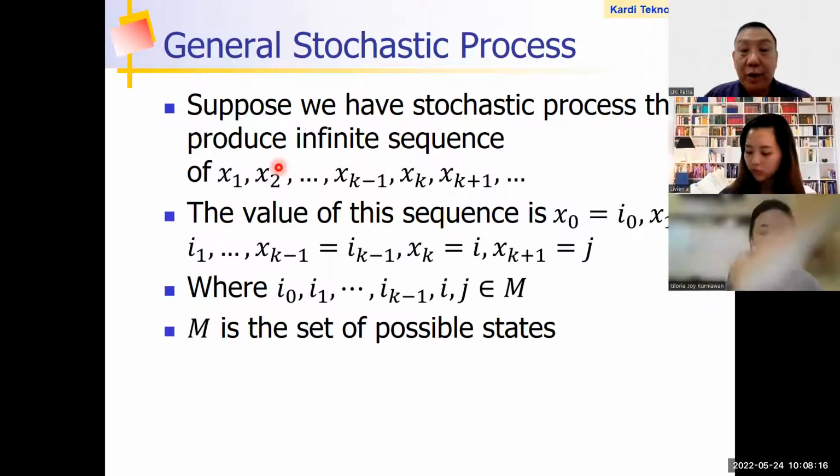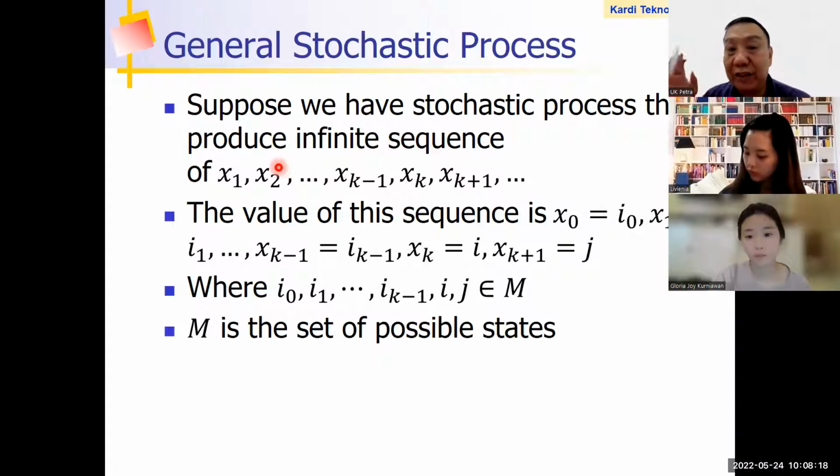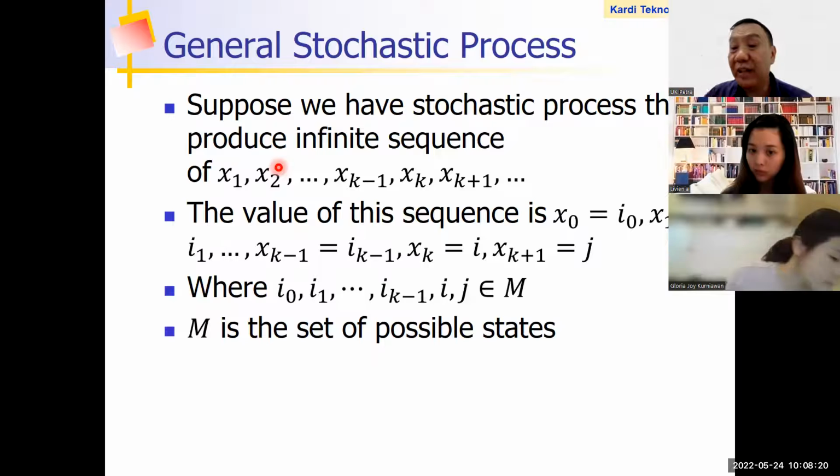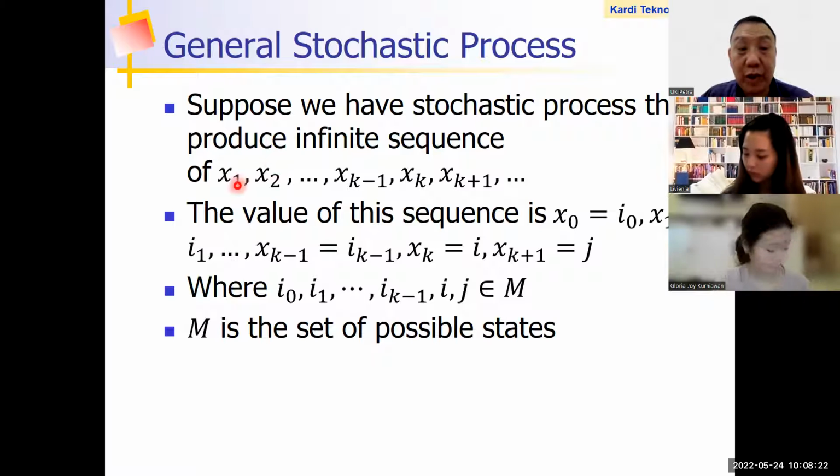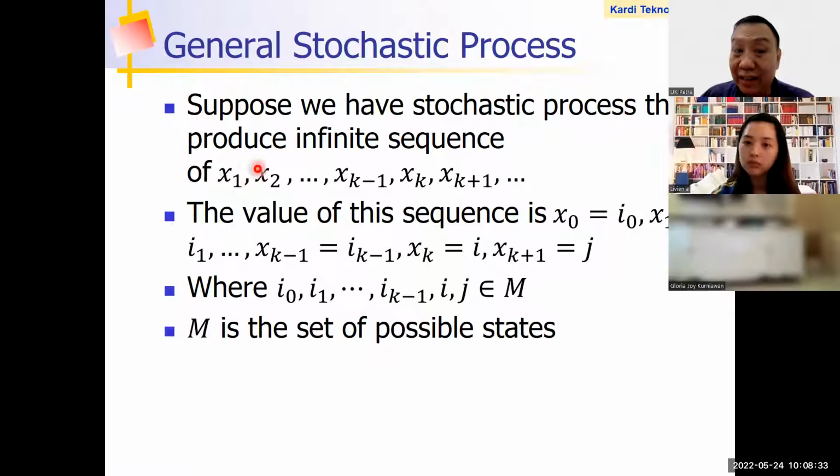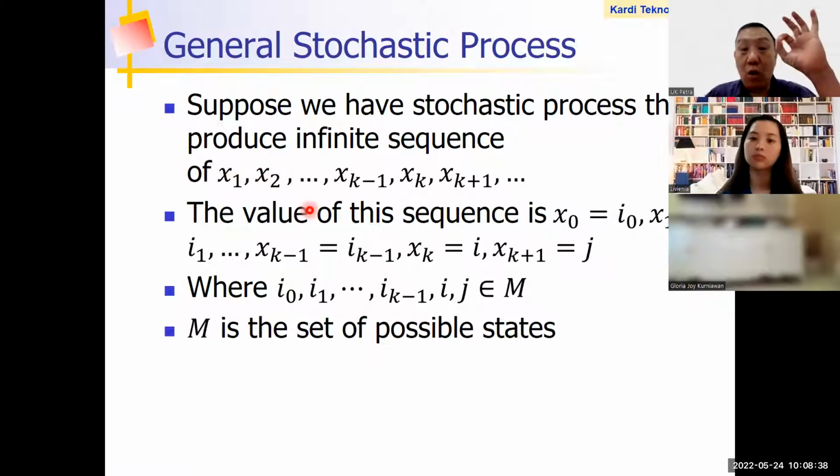Okay. Say if you want to think of stochastic process, think about infinite sequence. So for example, you have x1, x2, yeah, xk, and so on. Okay, so the value of this is the states, right? So this is like the circle, yeah? The node.